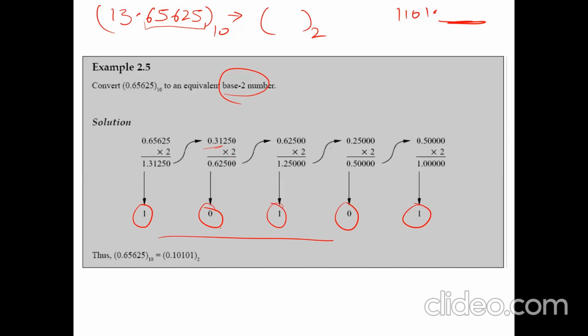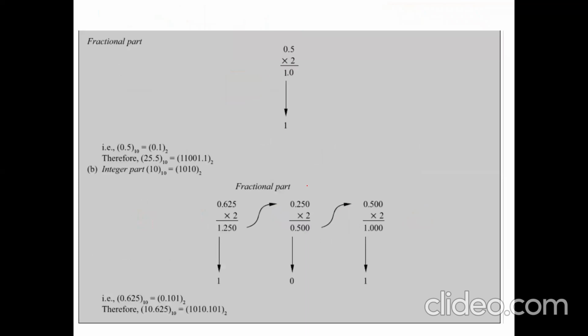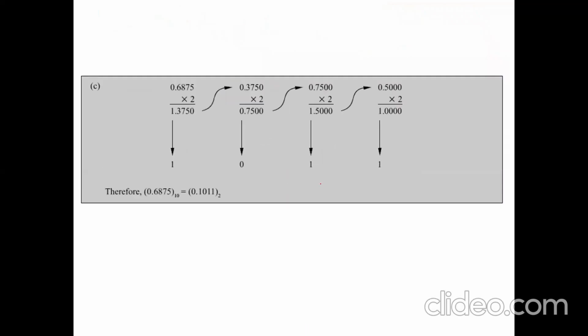The final answer is 10101. The left hand side we have already calculated, and the right hand side is 10101. This is the final answer of the decimal number to base 2. This is another example. You can solve it for 10.625, and other examples.